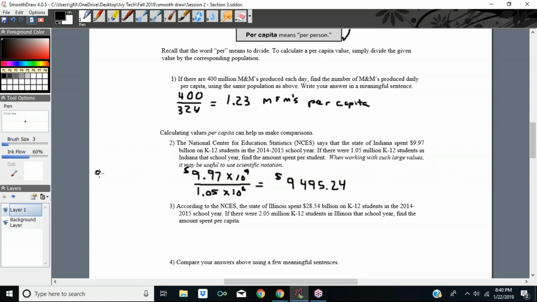You could actually write these numbers out. If you wrote them out, this would be 9970 followed by zeros, divided by 1050000. If you did it in your calculator like that, you would get the same result.